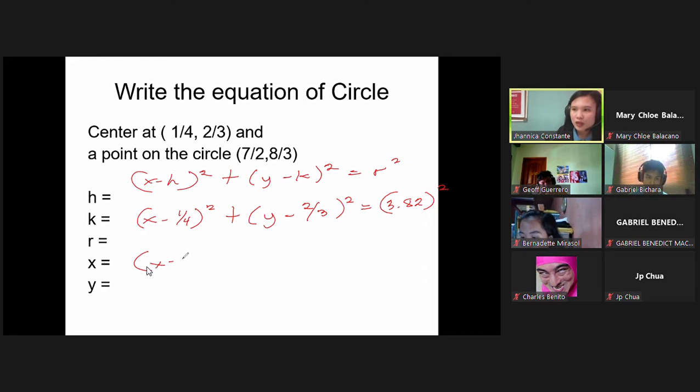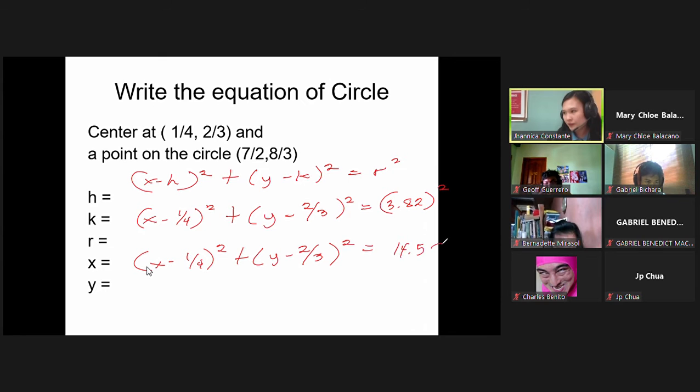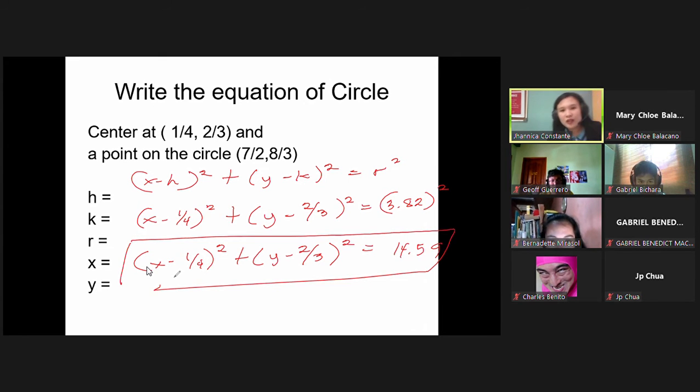So the equation of the circle is equal to 14.59. So that is the equation of our circle.